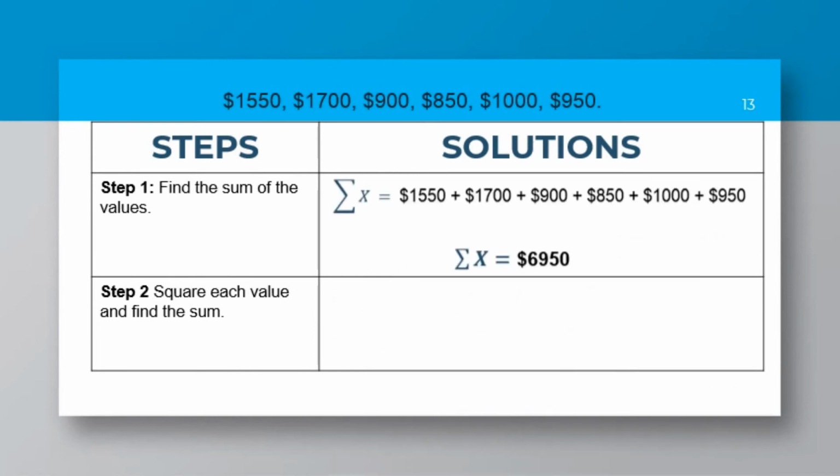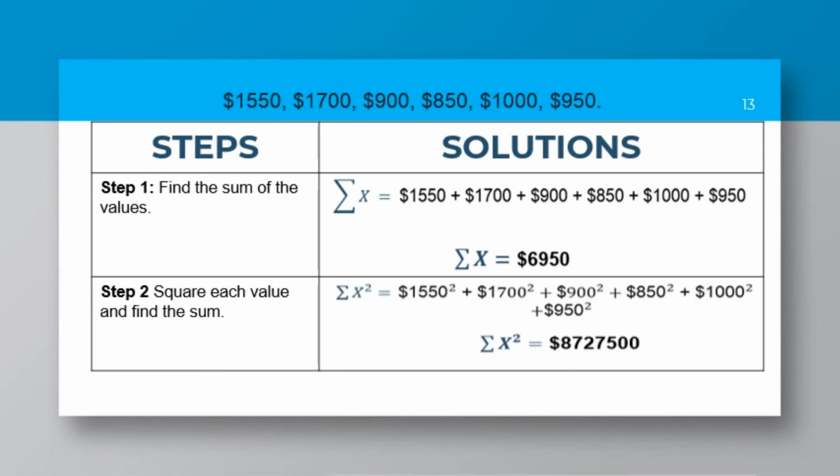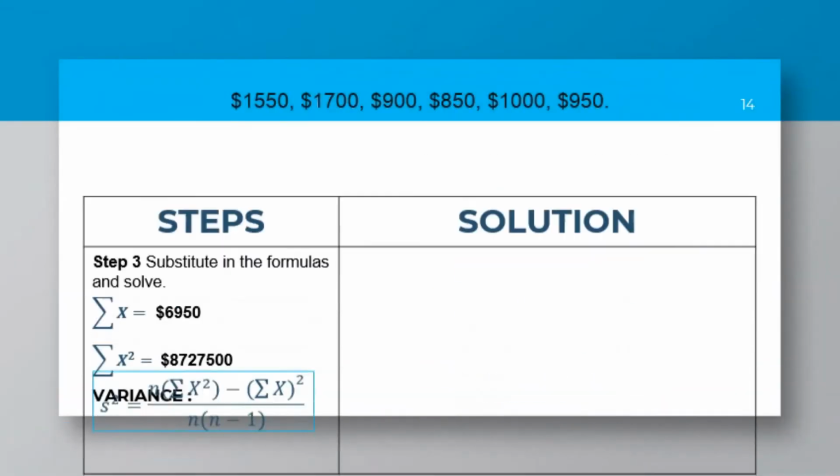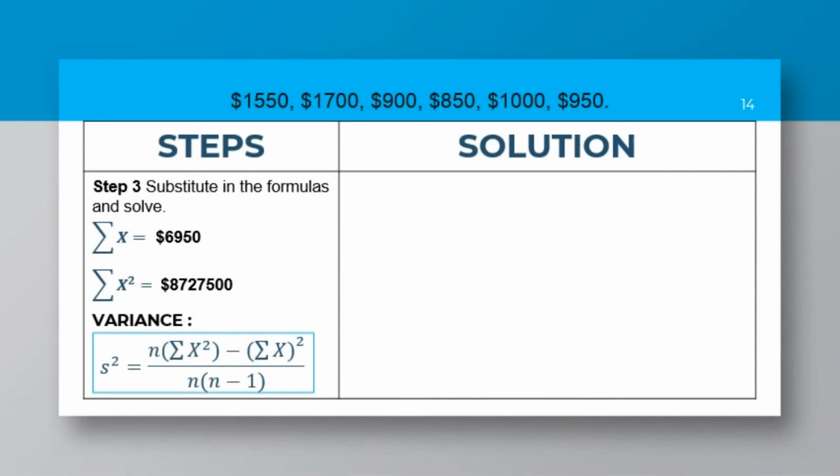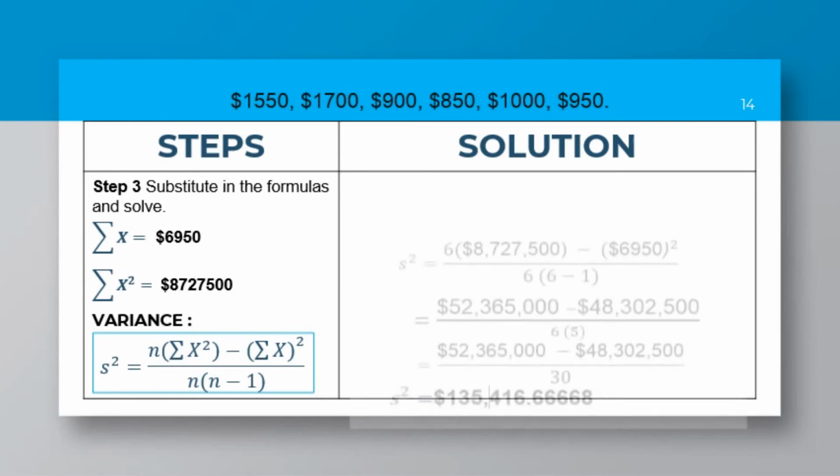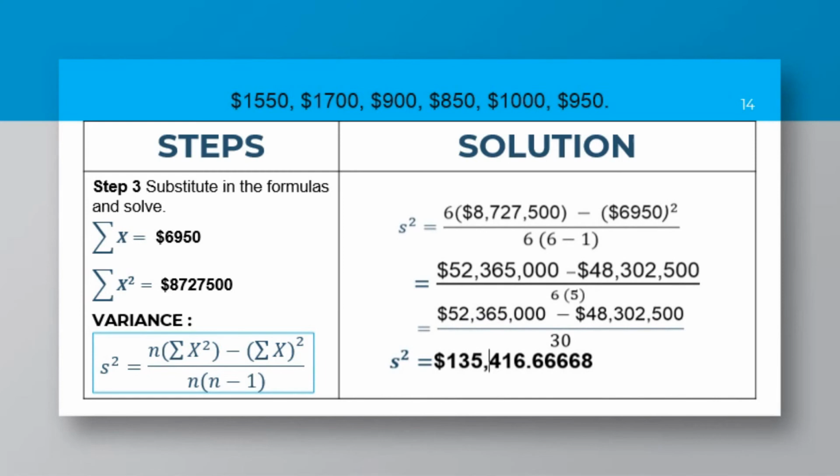The sum of the values is equal to $6,950. And the sum of the square of each value is equal to $8,727,500. Using the shortcut formula for sample variance, we conclude that the sample variance is equal to $135,416.66.